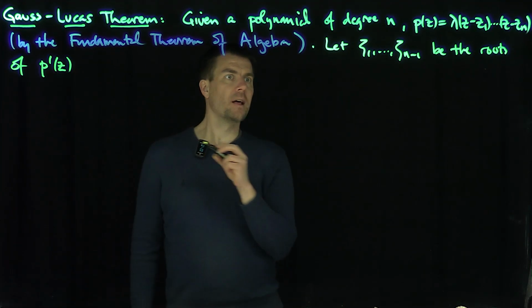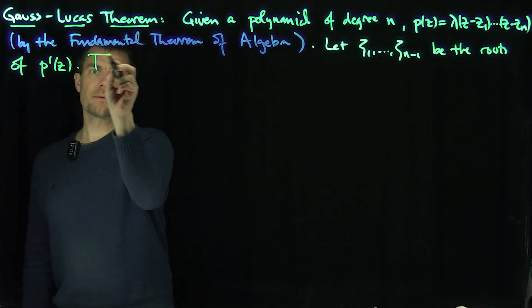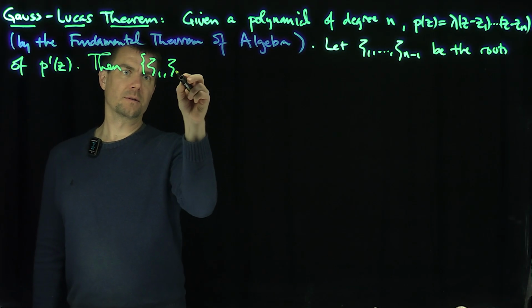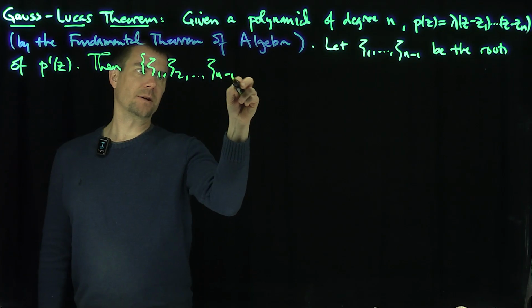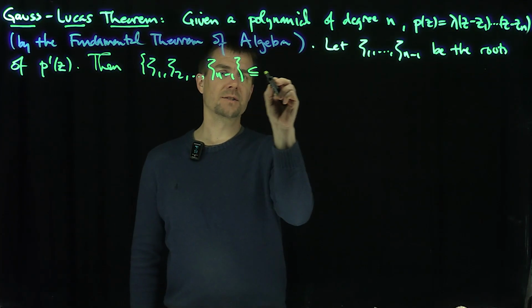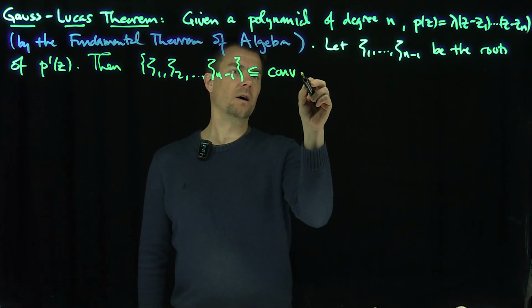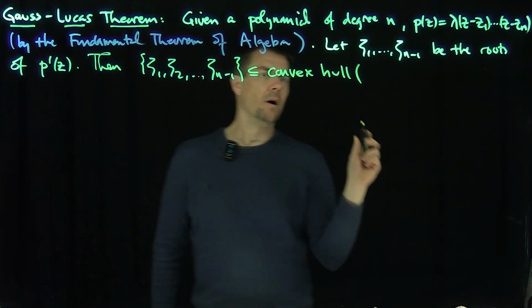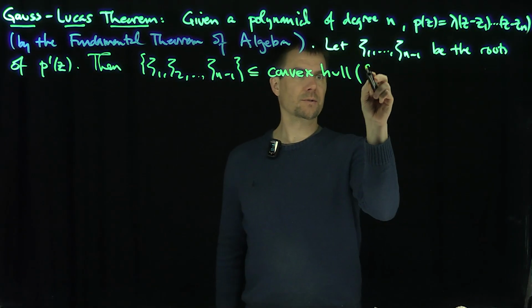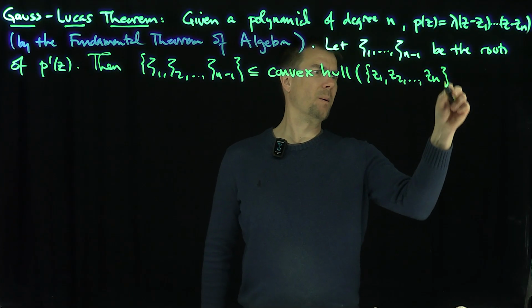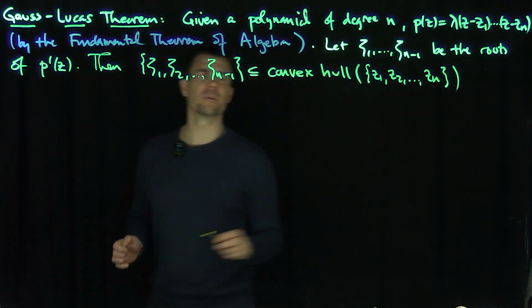Then Gauss-Lucas says that these points, zeta 1, zeta 2, through zeta n minus 1, the roots of the derivative, are contained in the convex hull of the roots of p, the convex hull of z1, z2 through zn. Beautiful. That's a remarkable theorem, actually.